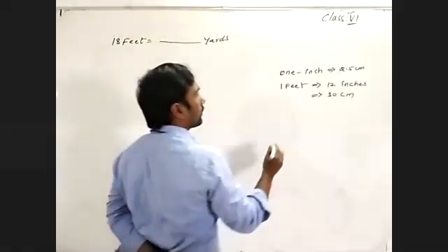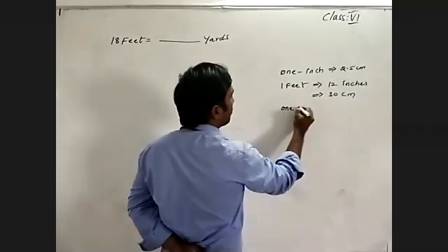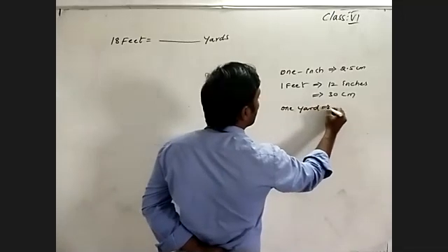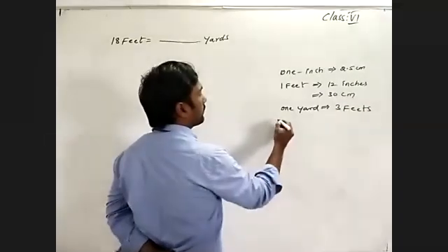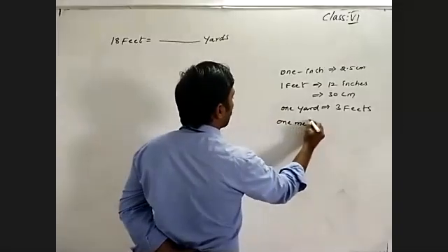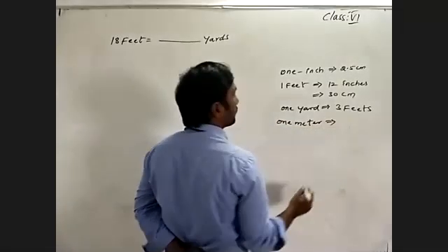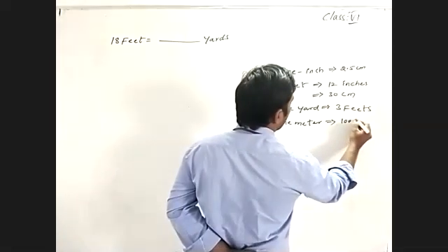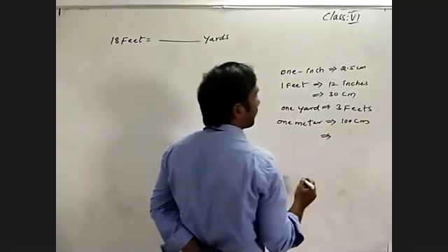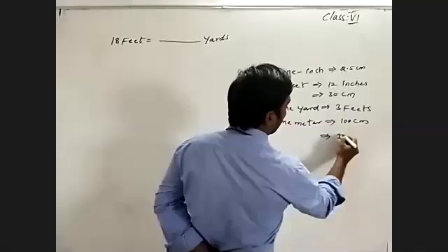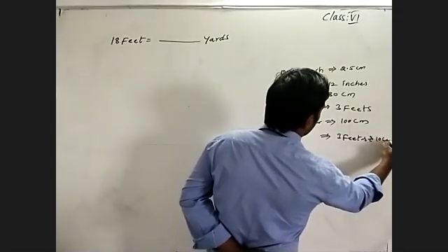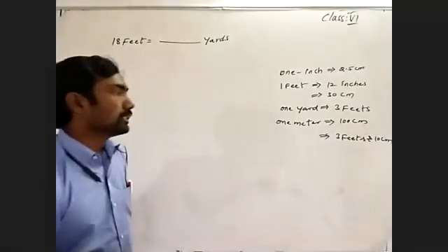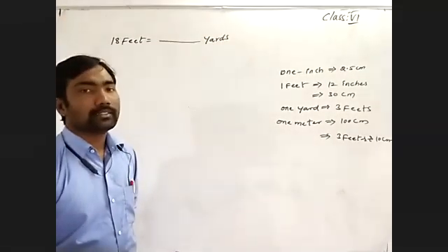And 1 yard is equal to 3 feet. 1 meter is equal to what you have written? 100 centimeters. Means we can write 3 feet and 10 centimeters.